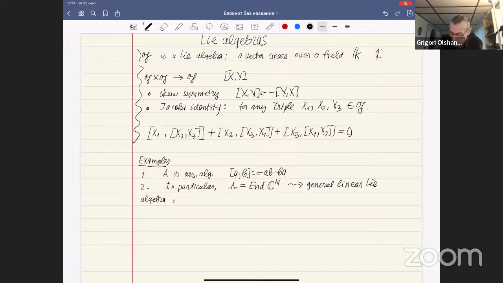It is denoted as follows. And it has a natural basis, matrix units.